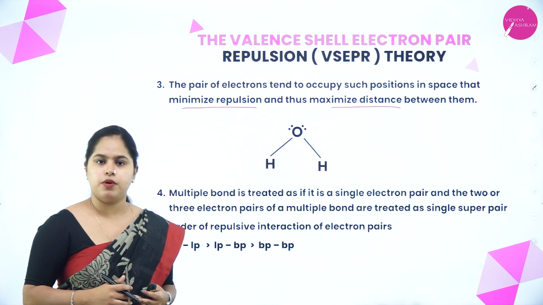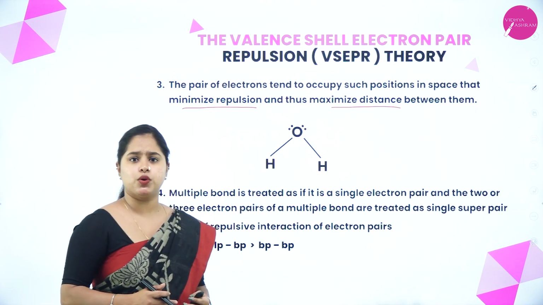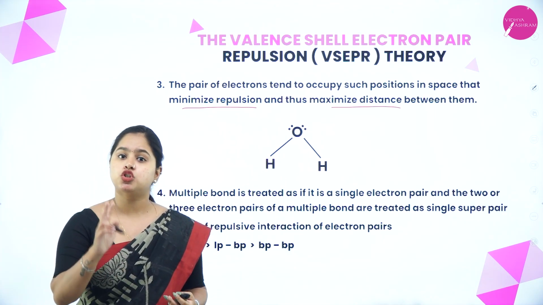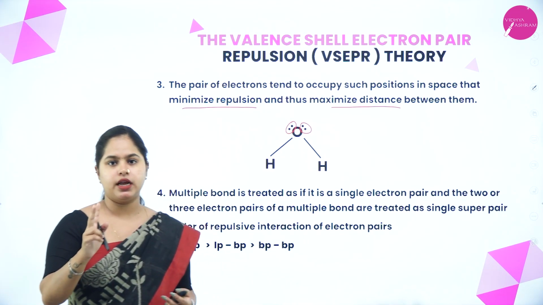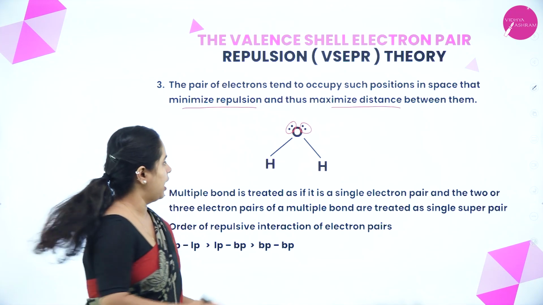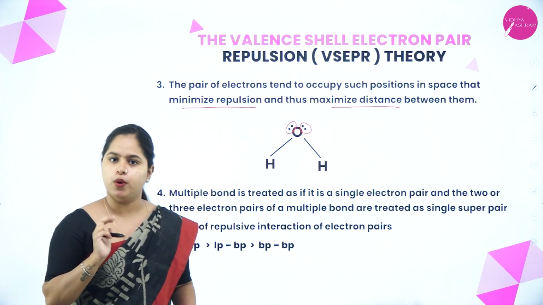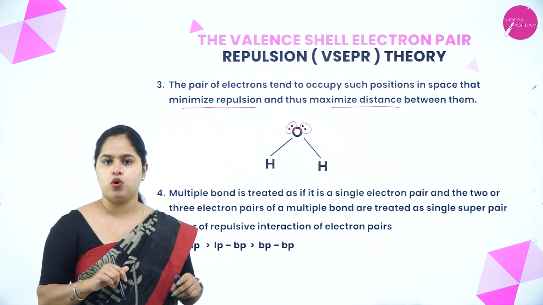So let's take the example of the water molecule itself, H2O. In this case, you can see on the oxygen atom, 2 lone pairs are there. This is one pair and this is one pair. One pair means 2 electrons. So 2 lone pairs are there and you can see 1 and 2 bond pairs. That's also clear, right? So 2 bond pairs and 2 lone pairs are there.